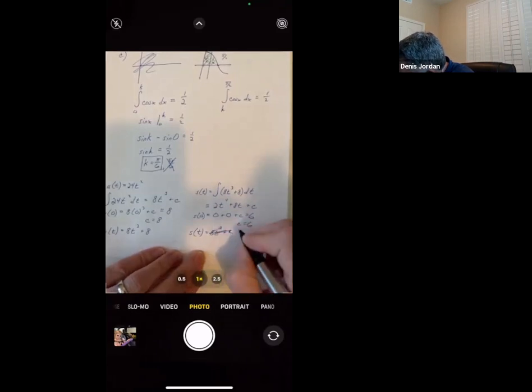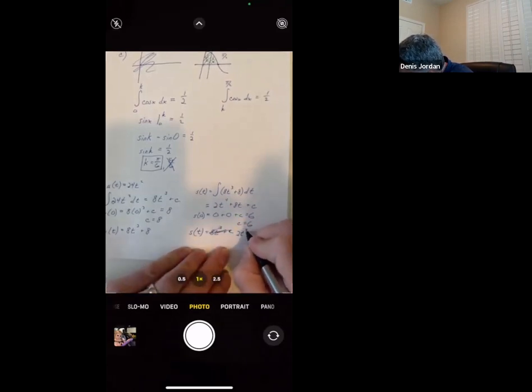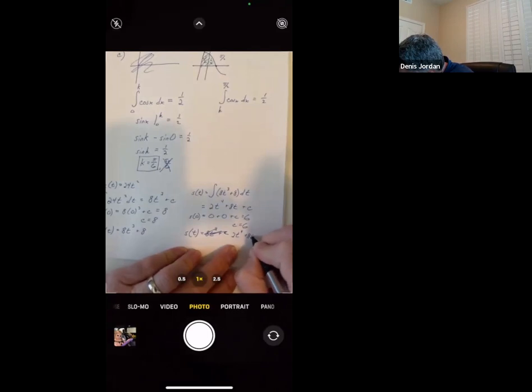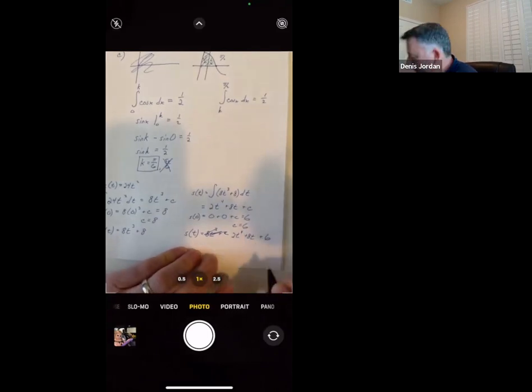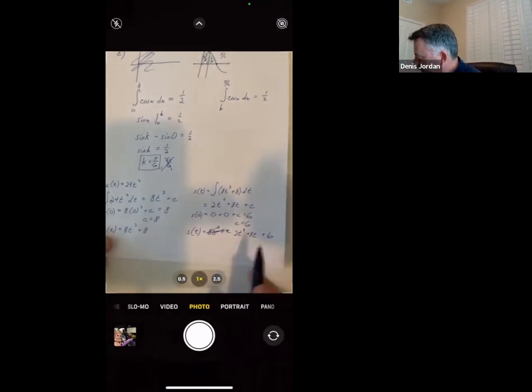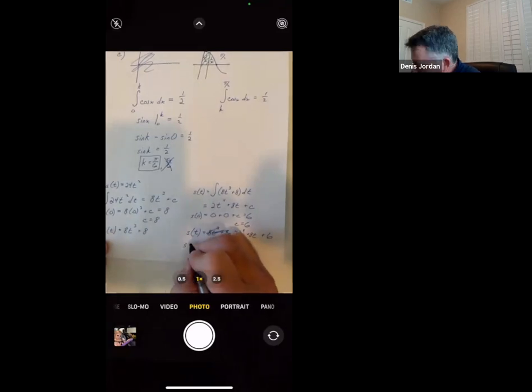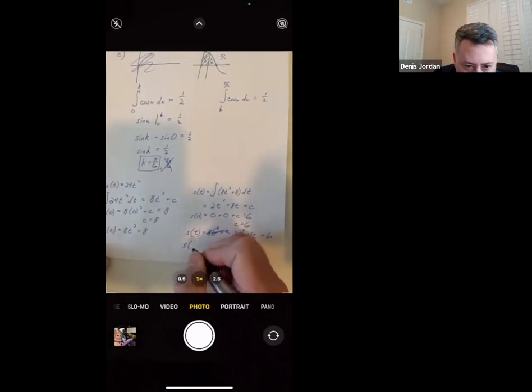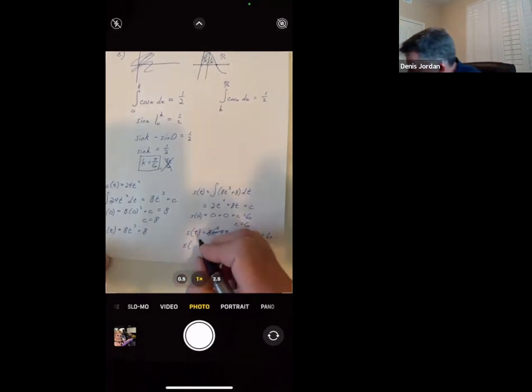So there's your position function. And then you can finally answer the question that they're asking: what is the position when the particle is at t equals 2?